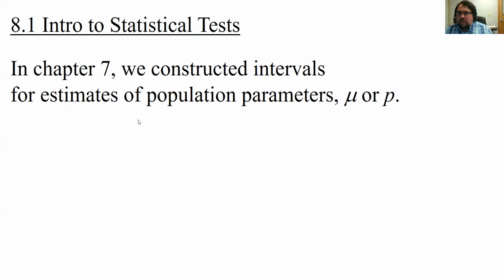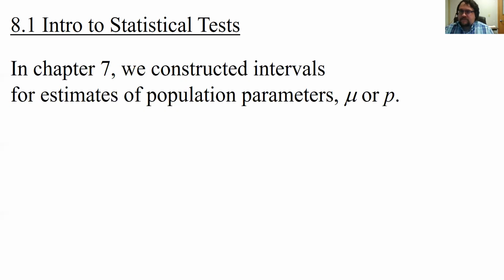In chapter 7, what we did is we constructed an interval around a sample statistic that would predict roughly where the population parameter was located.